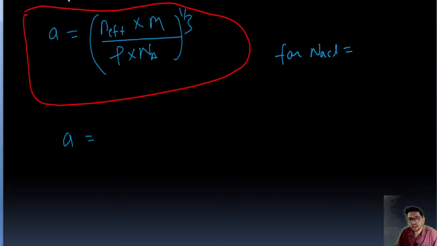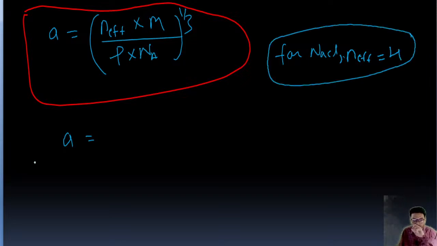So for NaCl, N effective equal to 4. Okay, so we'll put the value here.